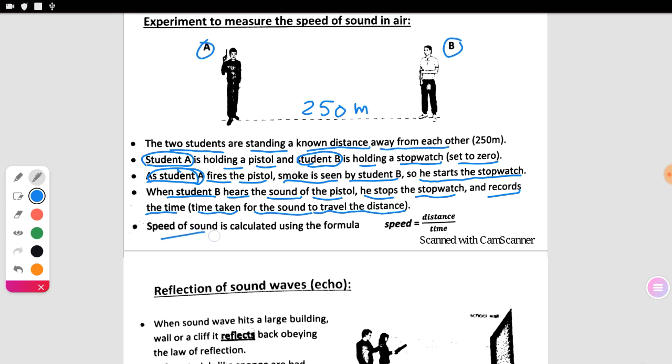The speed of sound can be calculated using the formula speed equals distance over time. Speed, not velocity: speed is a scalar quantity while velocity is a vector quantity. Speed is measured in meters per second.